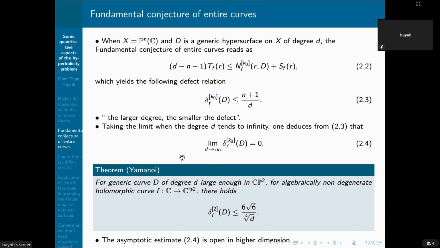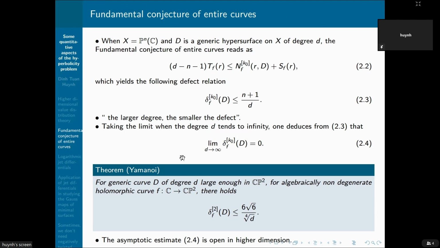Last, in the case where S is a projective space and there is a hypersurface D of degree d, the estimate 2.1 reads as (d minus n minus 1) T_f(r) is bounded from above by the counting function of f with respect to D, modulo a bounded term. And here T_f is the characteristic function.